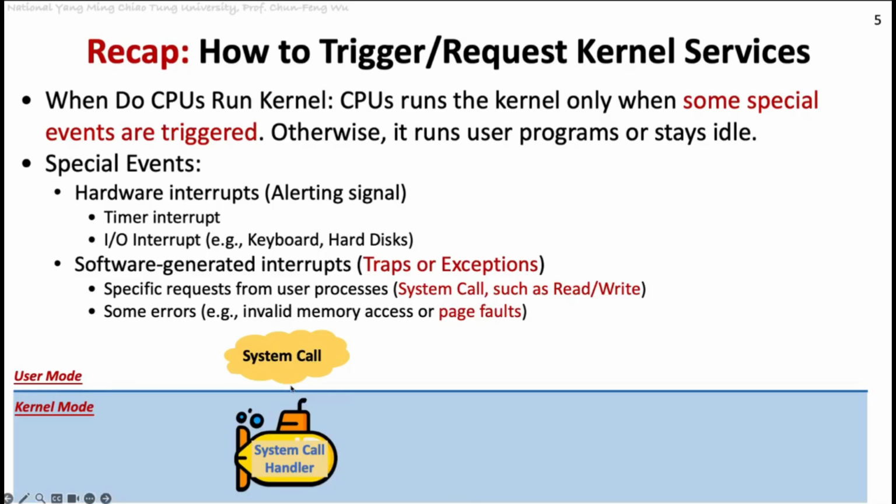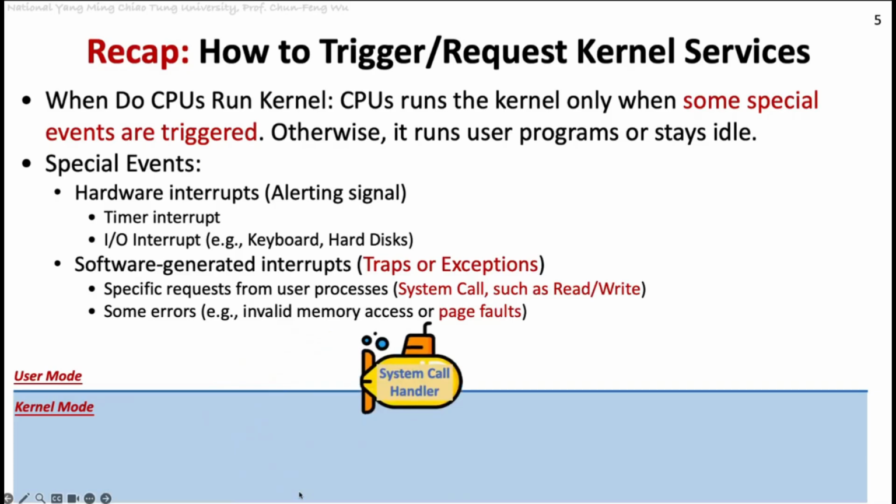Usually when some hardware device is involved, it needs a system call. The system call handler is part of the OS service, so the CPU needs to enter kernel mode to run it. After finishing the system call handler, the CPU switches back to user mode to keep running process A.